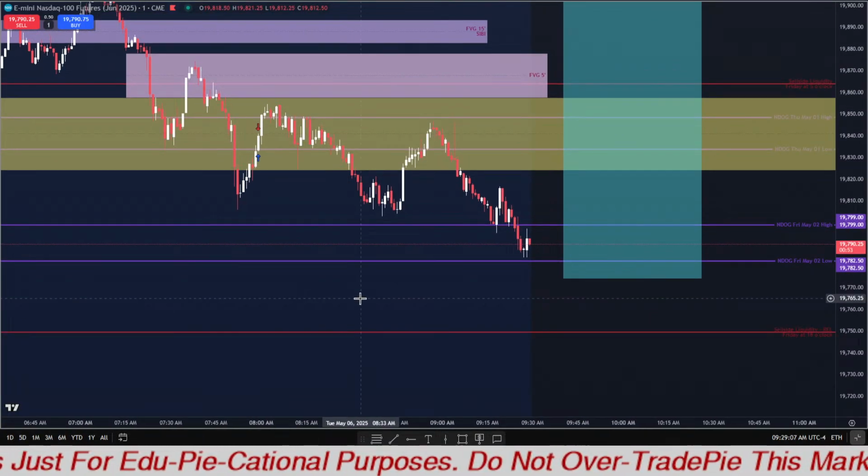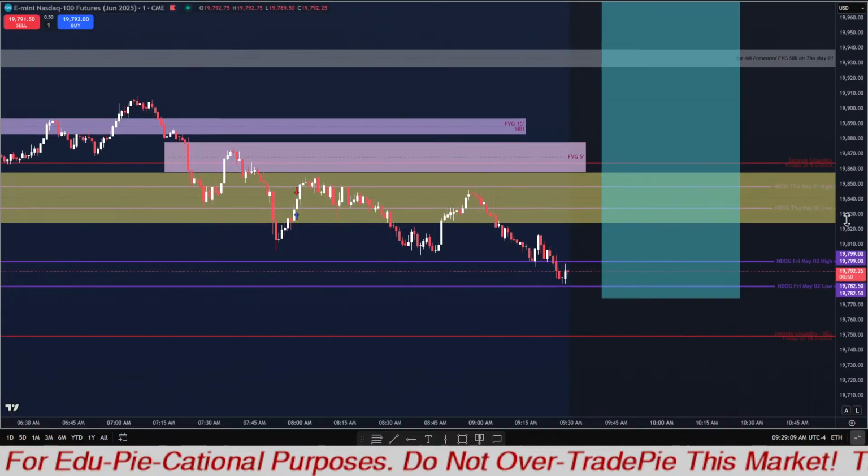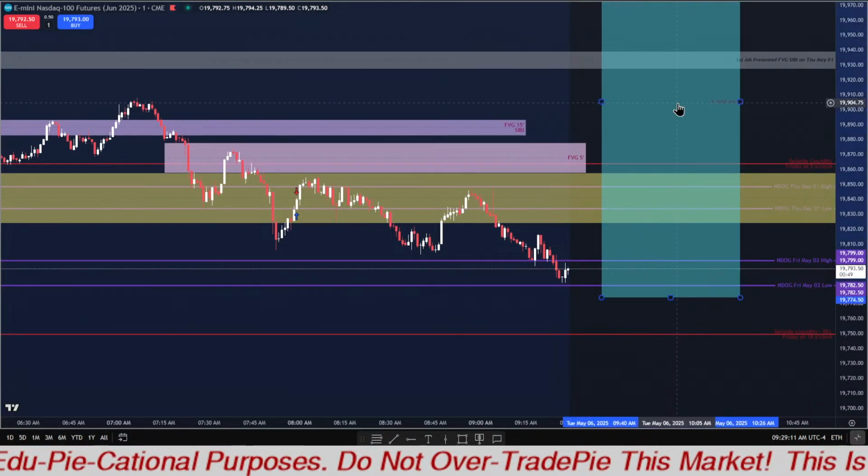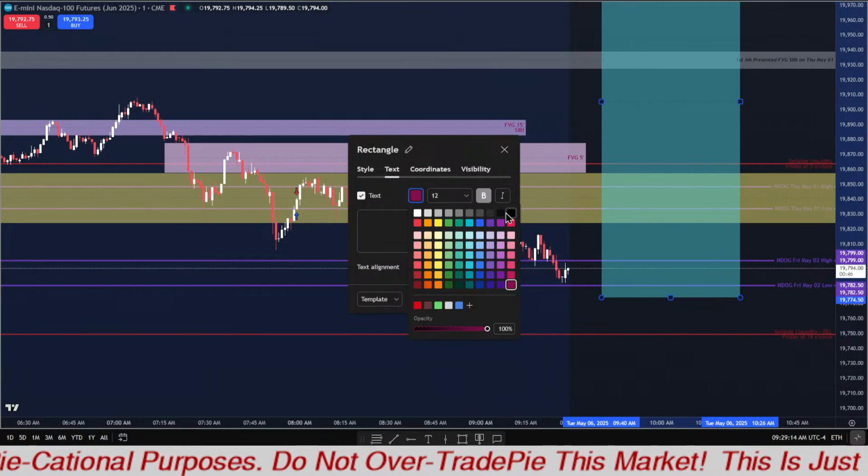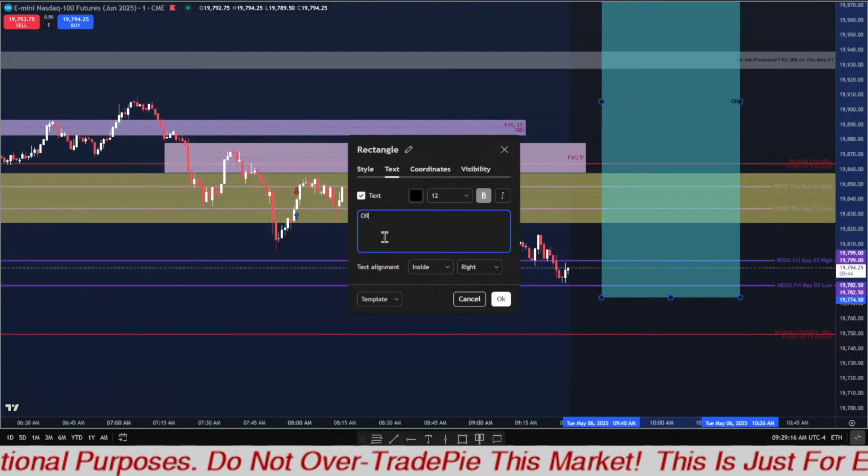We have 1 minute to the opening bell, and this is our opening range gap.